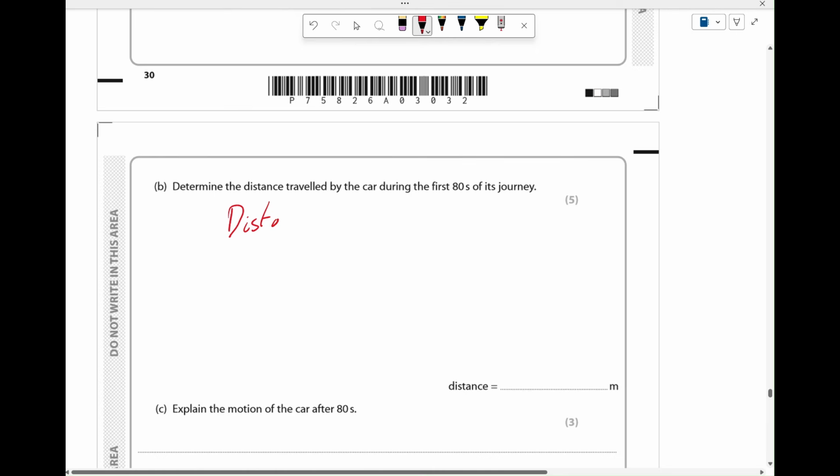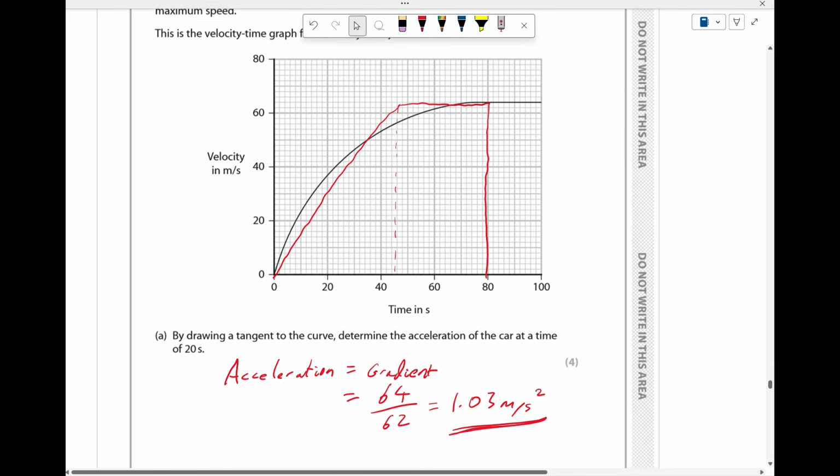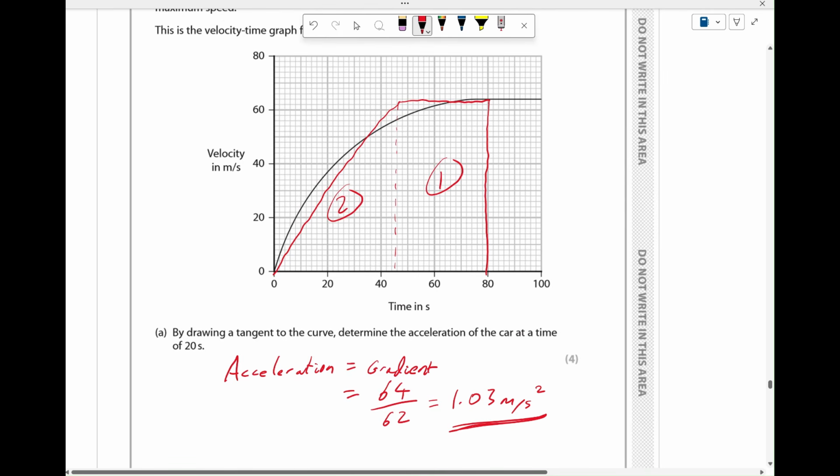Distance equals area under graph equals area 1 plus area 2, where I'm calling this my area 1, this my area 2, and you'll see that it's not perfect in terms of the curve, but it's not a bad approximation.